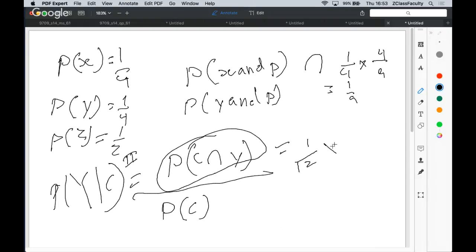So 1/12 divided by the probability of C, which is 1 out of 4. 1/4 divided by 1/4, and you get that. Do you know? Okay. So yeah, can I do the next question, please?